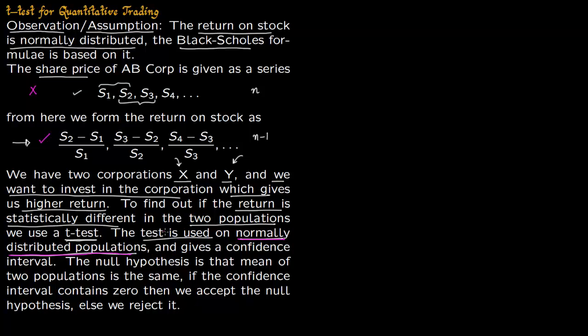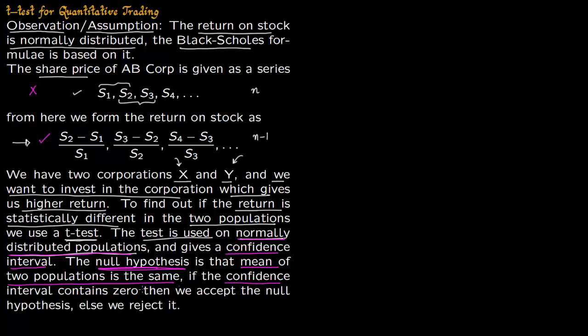Once you use the t-test, it will give you a confidence interval, and we will come to this when we run the t-test in R. The null hypothesis is that the mean of these two populations is the same. Once you run this t-test, it will spit out a confidence interval.